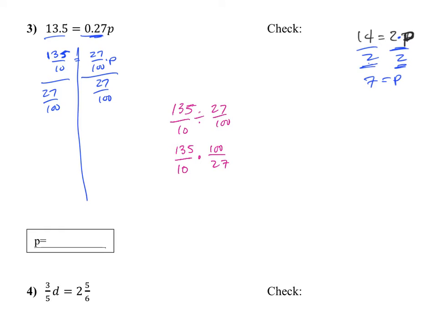Now if I look at 135, that's 5 times 27, and 100 is 10 times 10, and there's a 10 on the bottom and a 27 on the bottom. So the 27 reduces and the 10s reduce. So this is 5 times 10, which is 50. That means that p equals 50.